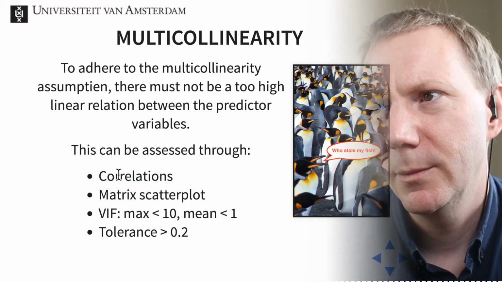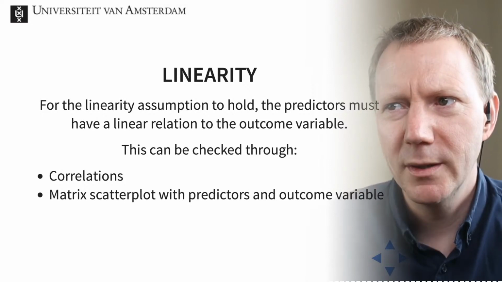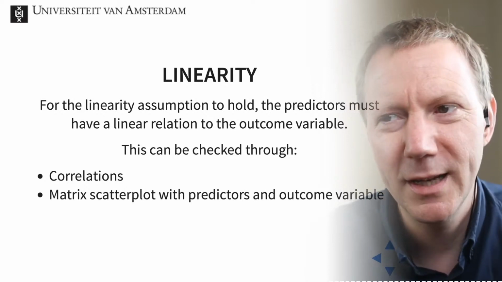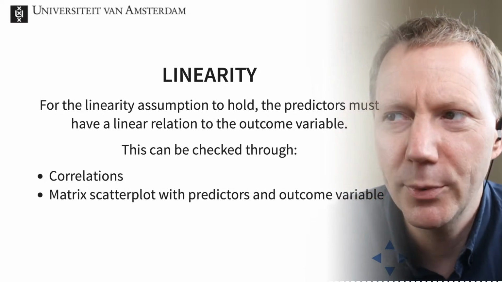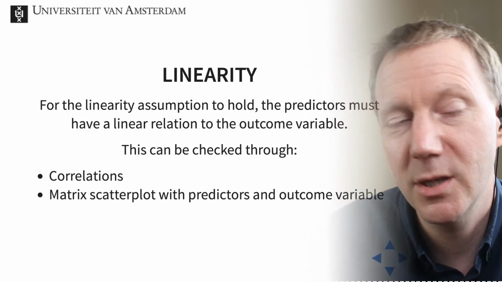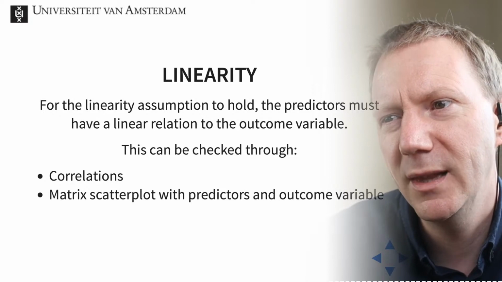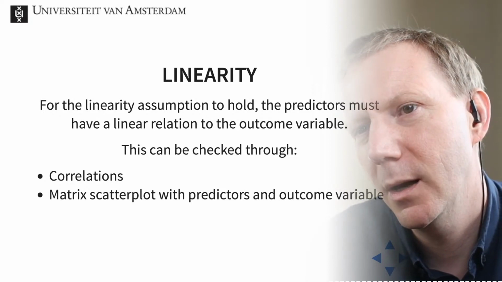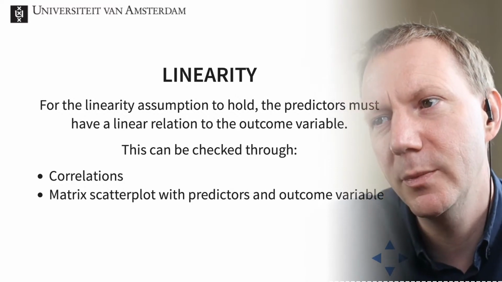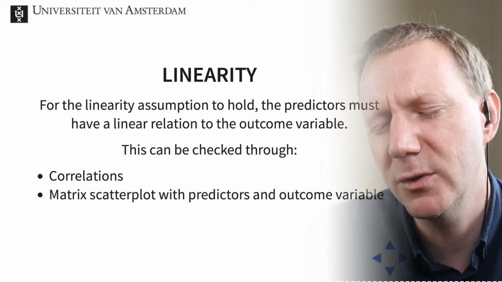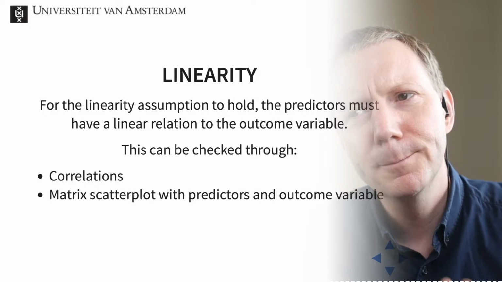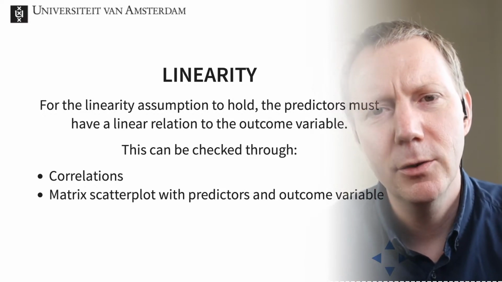So those are the multicollinearity. The next one, linearity, is essentially you're looking at the relations again, but this time between your predictors and the outcome. So for the linearity assumption to hold, the predictor must have a linear relation with the outcome variable. And this is logical in the sense that we're doing linear regressions.